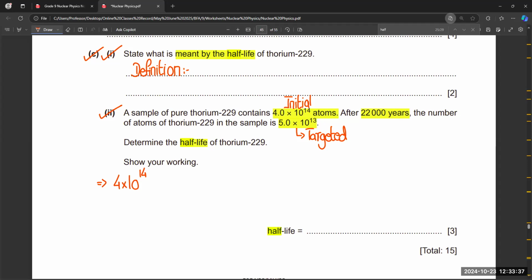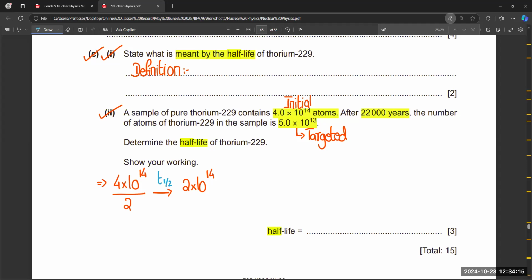First of all, try to figure out what will be the value of the sample remaining after the first half-life. So 4 exponent 14 divided by 2. It will be 2 exponent 14, right? And this is the first half-life, T half.